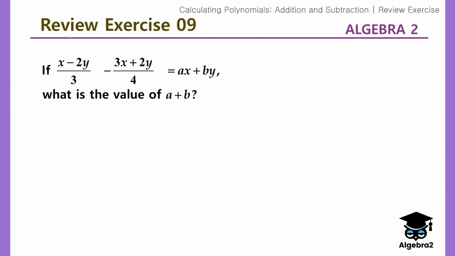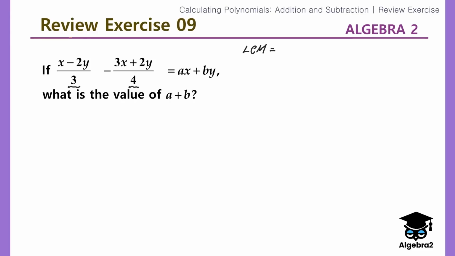Review exercise number 9. If this expression is equal to ax plus by, the question is, what is the value of a plus b? So we have to simplify this expression, right? Here we have two polynomials in fraction form, so we're going to have to find the common denominator. So let's find the least common multiple of these two denominators.